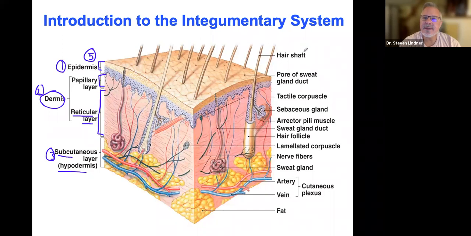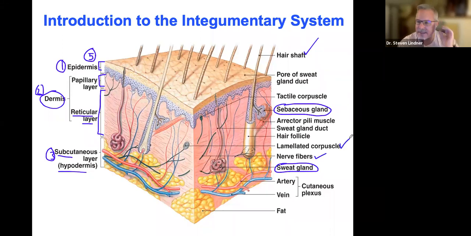Now you can see that we have the hair shaft that travels through the skin. Within the dermis itself, there's a lot of accessory structures that we can find here. We see that we have a sebaceous gland, which is our oil gland. We have a sudoriferous gland called a sweat gland. We have nerve fibers.